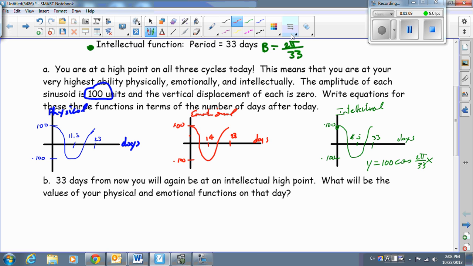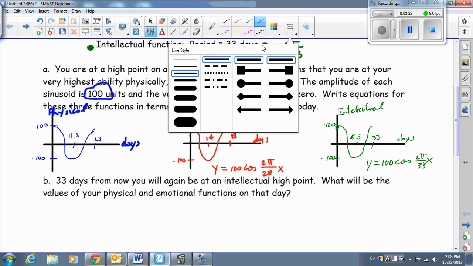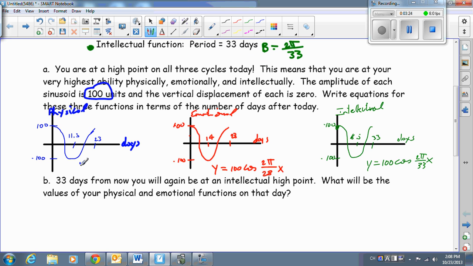For our middle one, the equation will be y equals 100 cosine of the same concept, meaning b times x, 2 pi over 28 x. Feel free to simplify this. And the very first one, the equation will be y equals 100 cosine of 2 pi over 23 times x. Once again, I color coded for a reason.